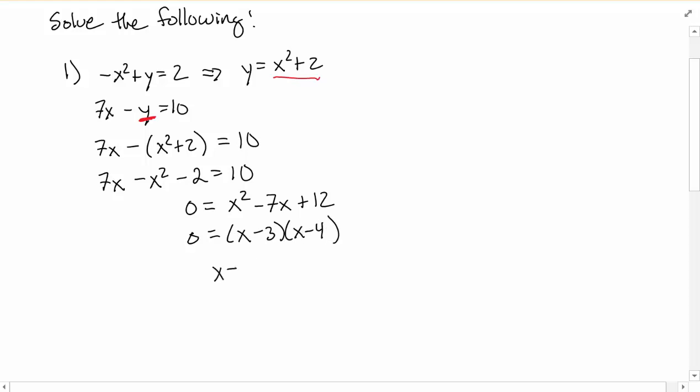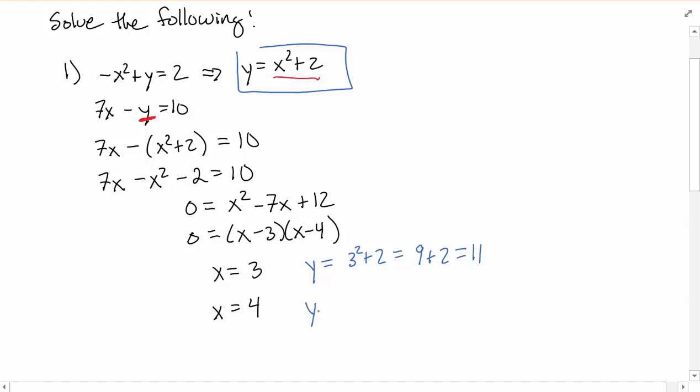So I get two options here. X is equal to 3 or x is equal to 4. Well, solutions to these systems always are in x comma y, so I need to go figure out the corresponding y, and what I'm going to do is plug that into y is equal to x squared plus 2. You can plug it into any equation that has x and y. That one's just already solved for y. So y is equal to 3 squared plus 2, oopsies, 3 squared is 9, 9 plus 2 is 11.